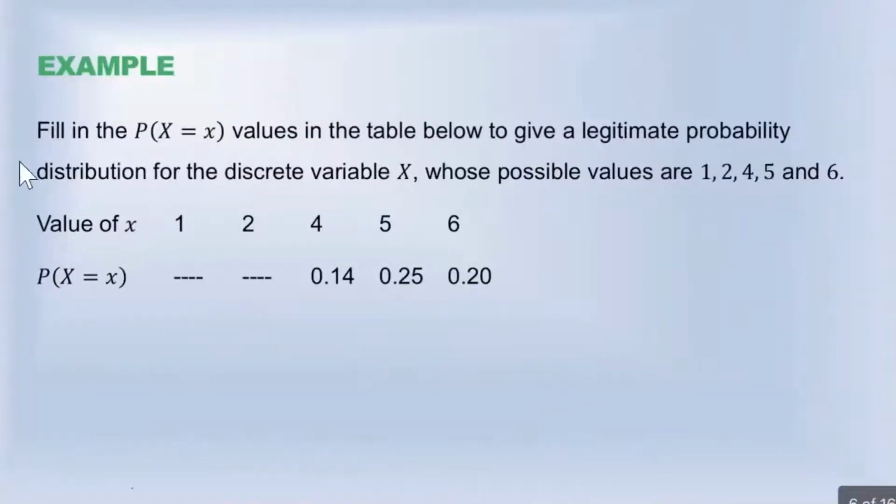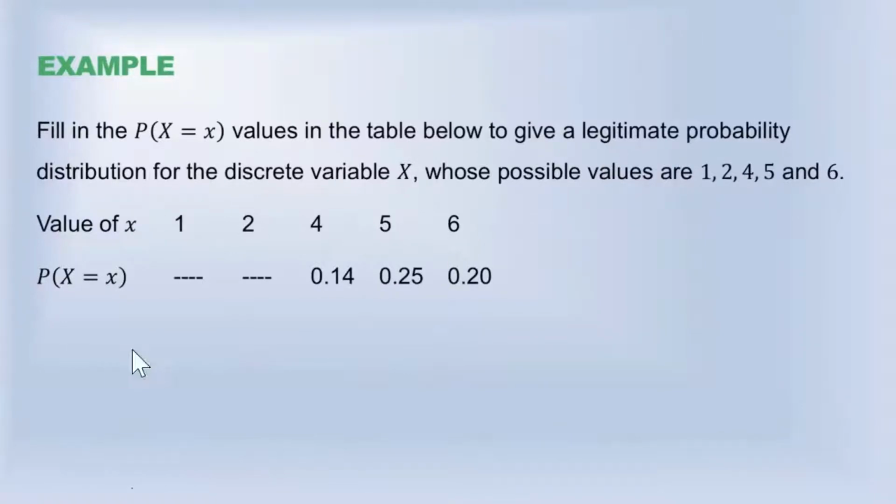Next example here. It's related to the fundamental definition of probability distribution. Fill in the probability of x equal to 1 and x equal to 2. You can see they are blank here. We have to fill that in this table below so that it gives a legitimate probability distribution.